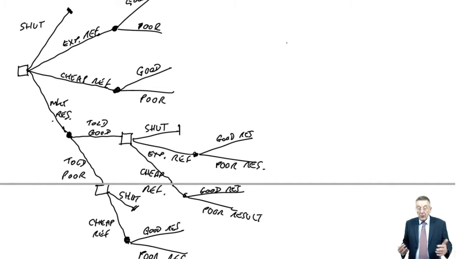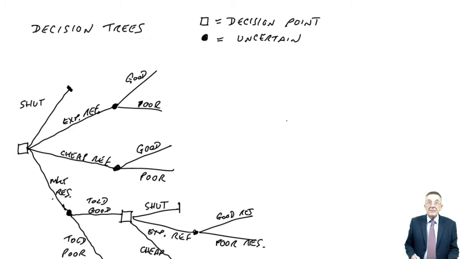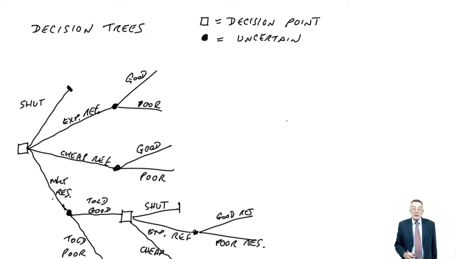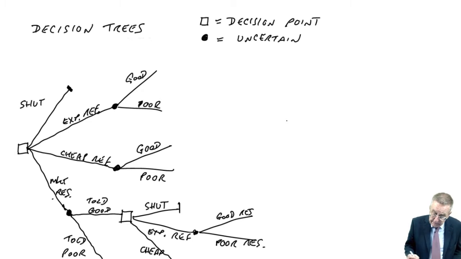Could be good, could be poor, and so on. Obviously, we want to end up solving it and making the decision. So let's now start going back and looking at the amounts and the probabilities. Let's fill them in, and then we'll be in a position to make the decision. So let's go through them all in turn.